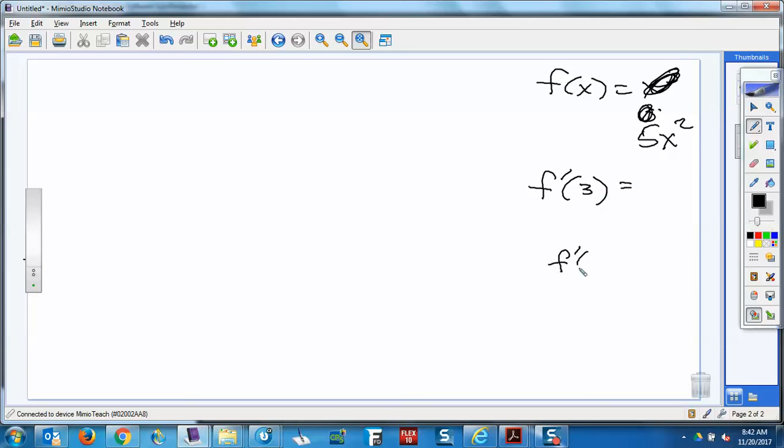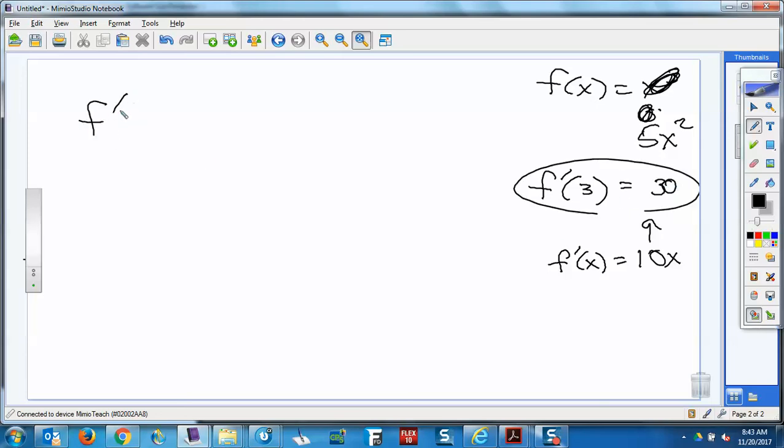Because we already know a little shortcut. What's f prime of x for 5x squared? 10x, right? We already know that. That's our shortcut. If f of x is 5x squared, we already know that f prime is 10x. So what's f prime of 3? 30. So we know f prime of 3 should be 30.